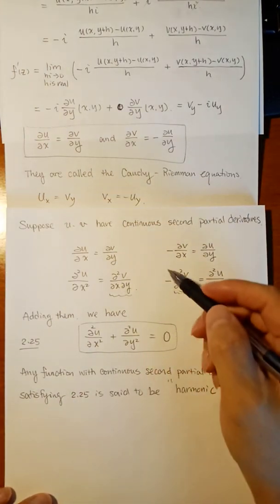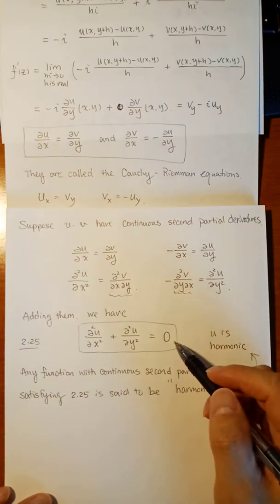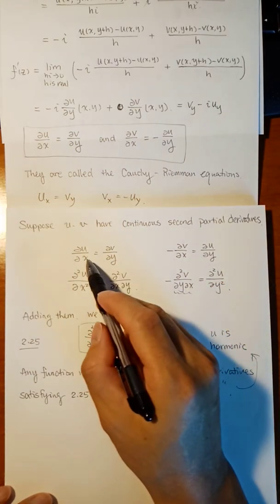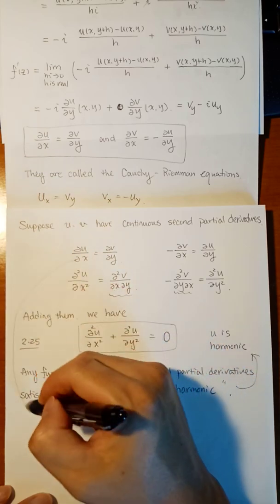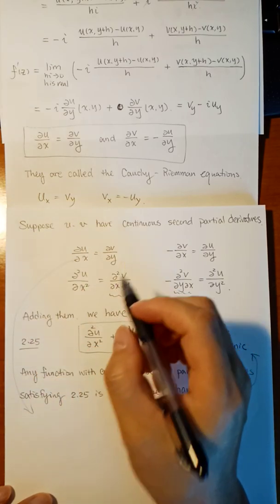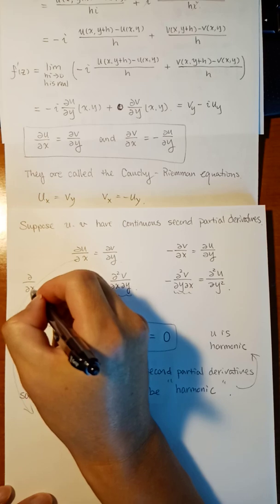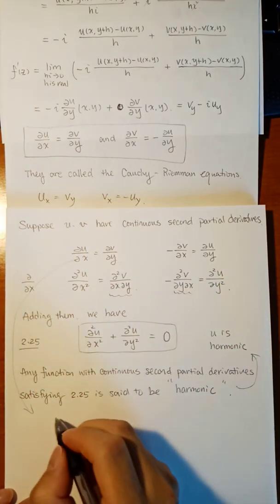With an almost identical computation, we can see v is harmonic. From here, we differentiate with respect to x, and the other with respect to y.